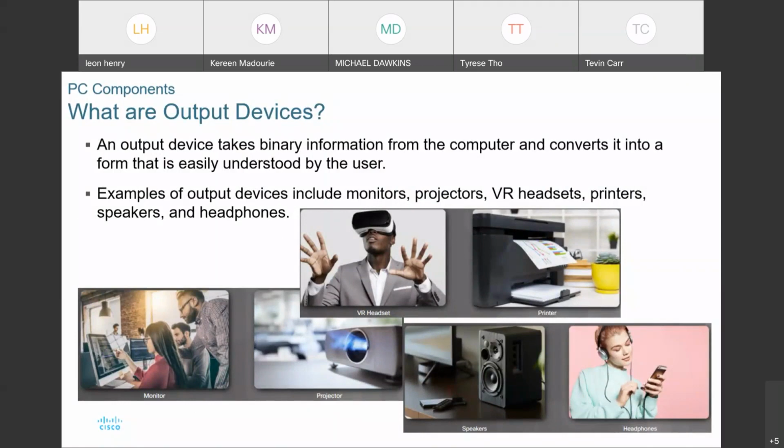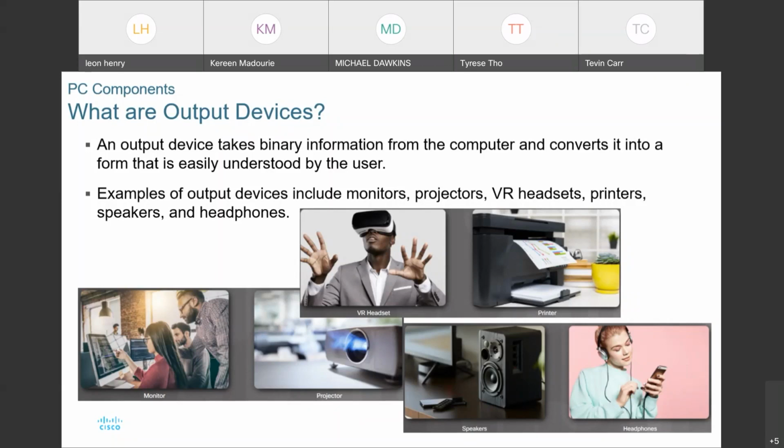So we talked about that earlier, the original input device is a scanner, where you put paper on it, it scans, digitizes the image, and makes it into a soft copy on your computer.